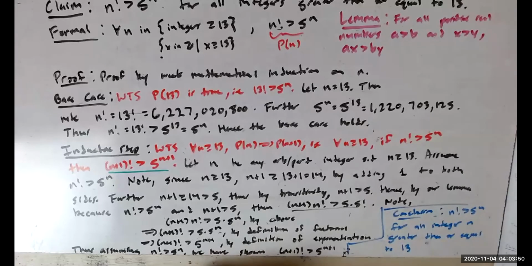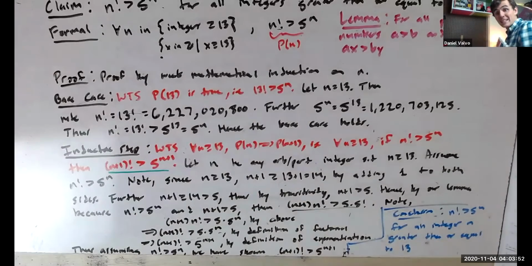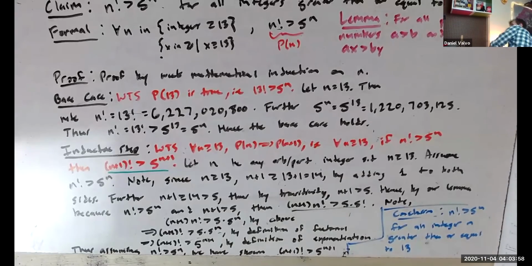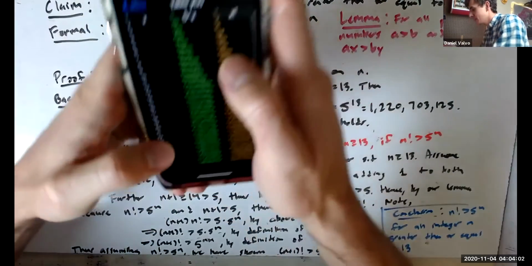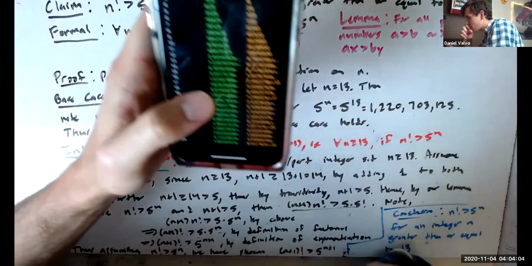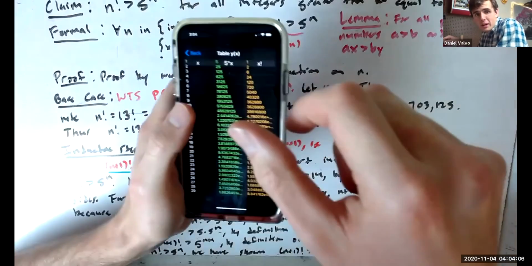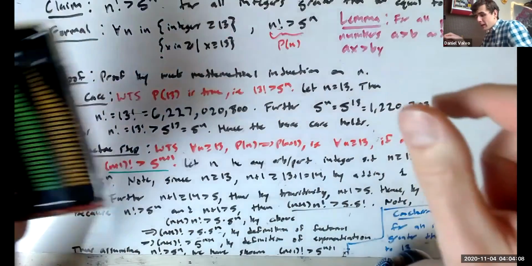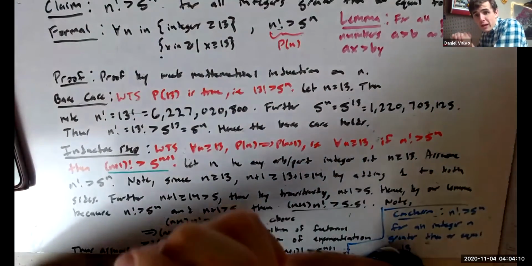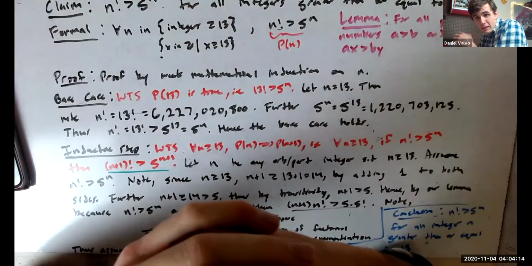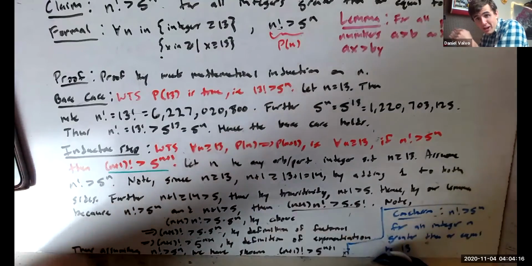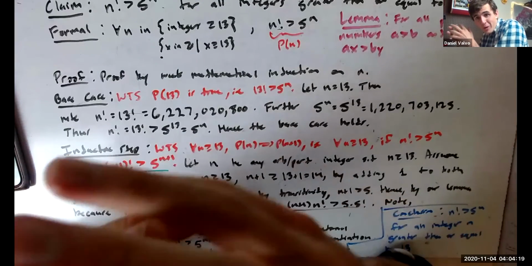Why 13? That's a good question. I actually have a table on my graphing calculator app here. In the beginning, clearly 5 to the n is going to be bigger than n factorial. For example, 3 factorial is 3 times 2 times 1, where 5 to the 3 is 5 times 5 times 5.